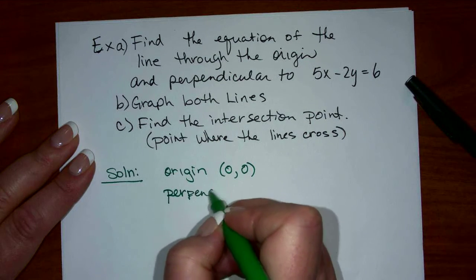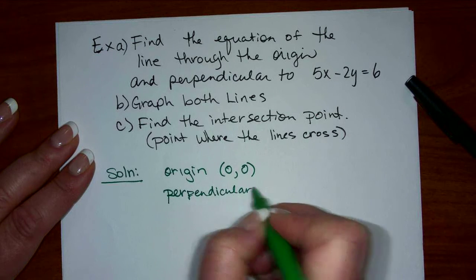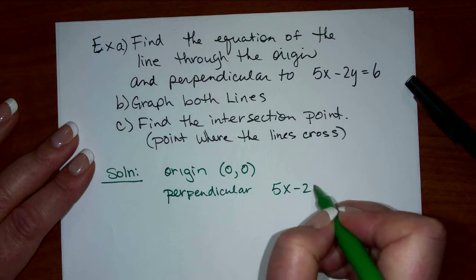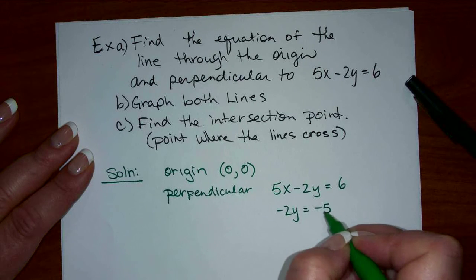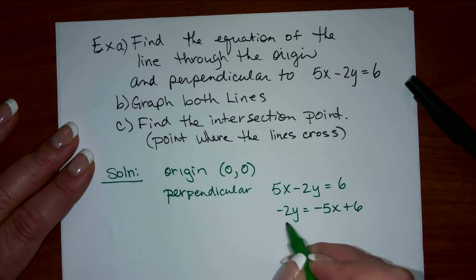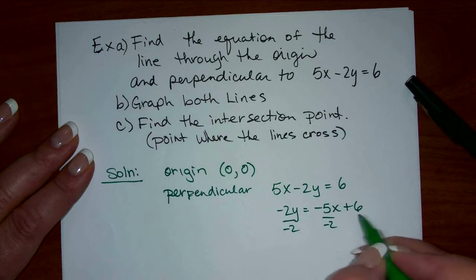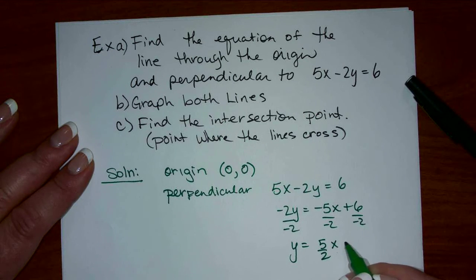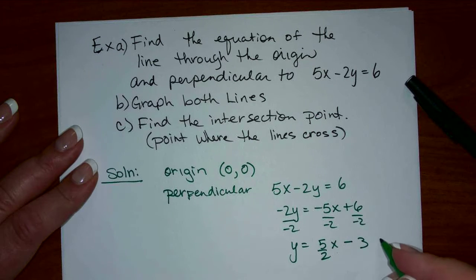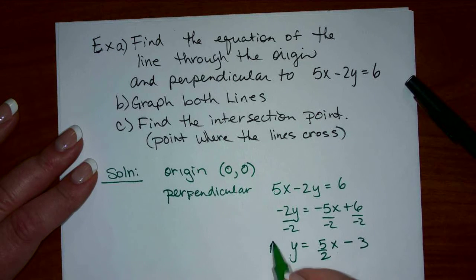So we need to rearrange it. Divide everything by -2. 5 over 2, x minus 6 over 2 is 3. So here is line 1. Let's call it A, capital A, because I'll label it on the graph later.